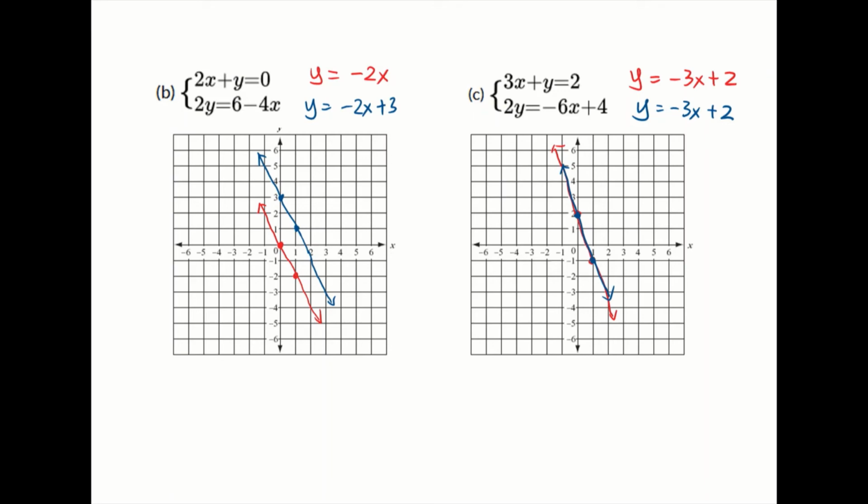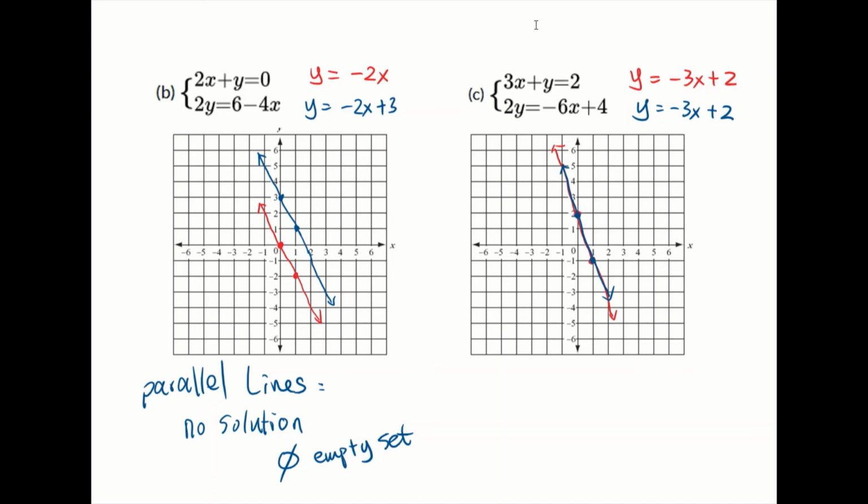That means this system of equations has no solution. Sometimes we use this symbol to represent an empty set. That means it's a set with no element inside, so no solution.